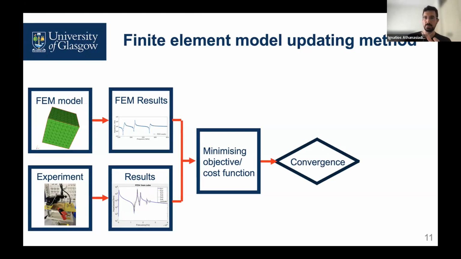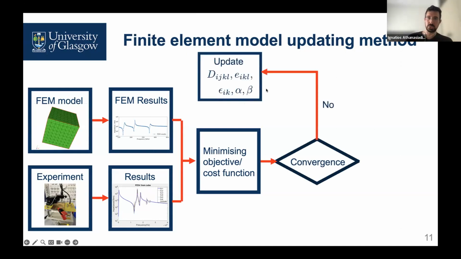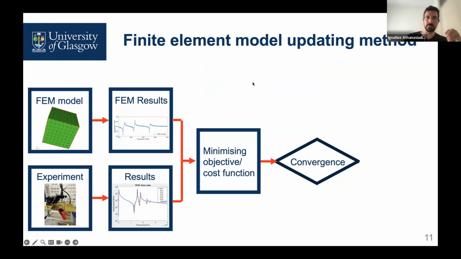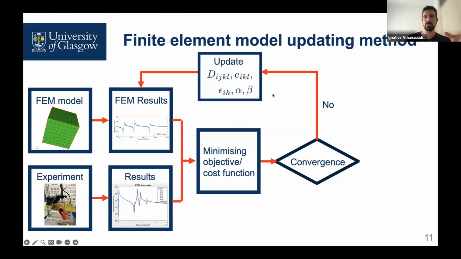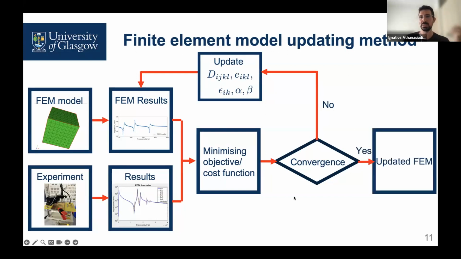If it meets the criteria, we are done. If it doesn't meet this criteria, we will update the material parameters and go back to the finite element analysis with these new parameters, run again, make the check again, and see again if it converges. And at some point, hopefully it will, and then we have the material parameters that we aimed to find.